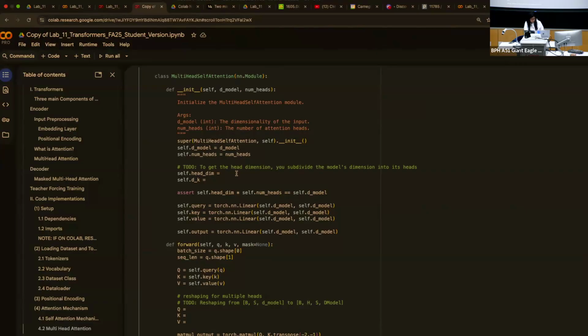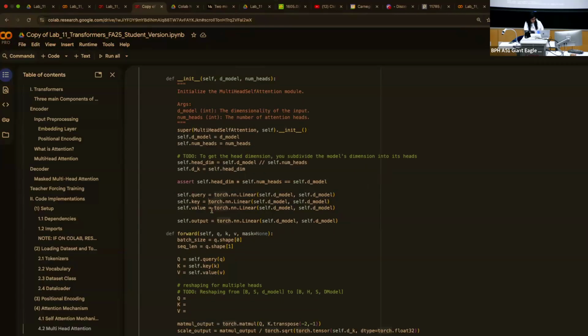Okay, so for calculating the head dimension, as we discussed, we are dividing our D model by the number of heads. And now my dk becomes the dimension of one head, that is the self dot head dimension.